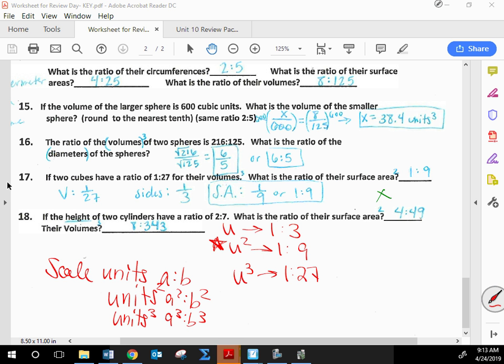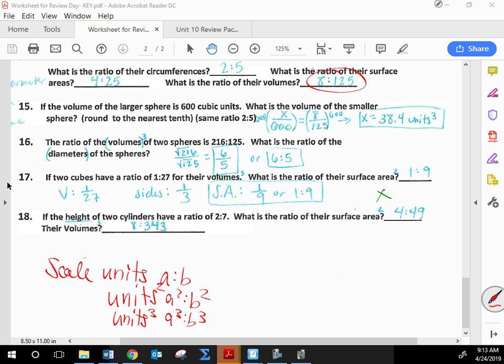Yes? Sure. Number 15 says the volume of the larger sphere is 600, what's the volume of the smaller sphere? We're still using that ratio from number 14. The ratio of the radii was already 2 to 5, so we found a ratio of our volumes was 8 to 125. They told us the larger sphere was 600, and they want the smaller sphere.